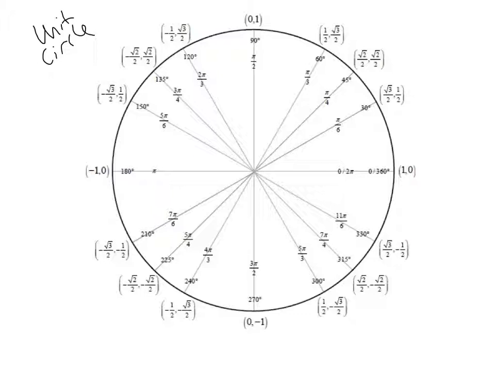So our quadrantal angles are 0 degrees, 90 degrees, 180 degrees, 270 degrees, 360, and then every multiple of 90. So it's good to get familiar with those, and then you're going to be memorizing all of these other degree measures in both degrees and radians, as well as these ordered pairs. So it's a good idea to start to familiarize yourself with the unit circle.